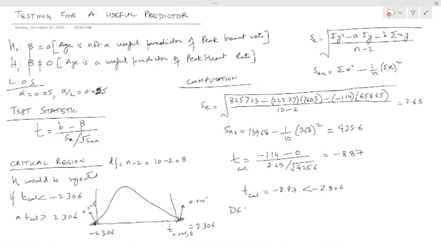So we write down our decision as, since T calculated falls in the rejection region, therefore H naught is rejected.